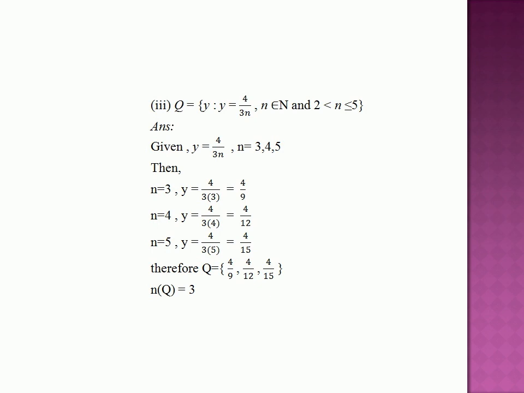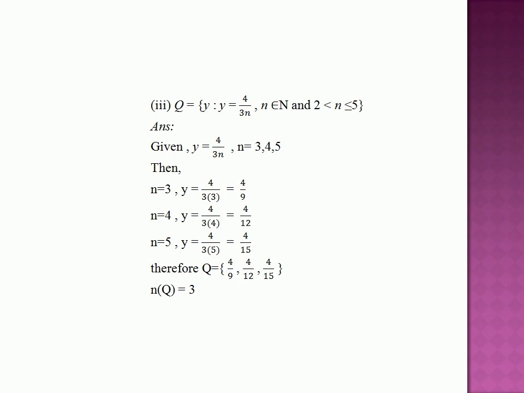First you have to substitute the value 3. What you get? Y is equal to 4 divided by 3 into 3. You get 4 divided by 9. When n is equal to 4, y is equal to 4 divided by 3 into 4 which is equal to 4 divided by 3 4s are 12.